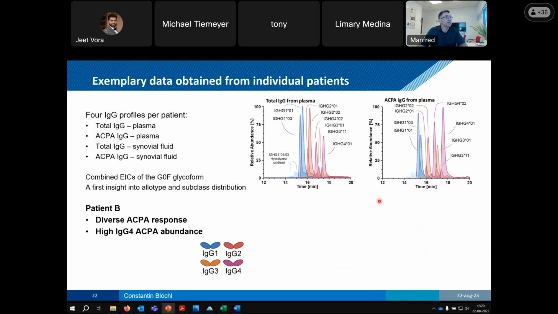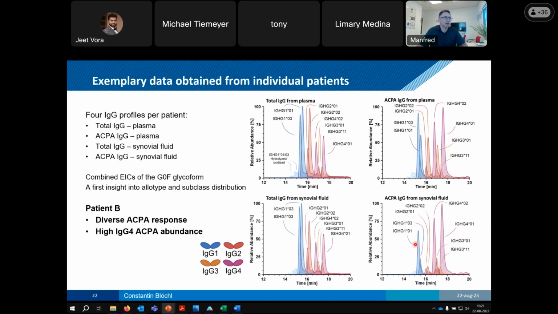We then looked at another patient, and now this patient is heterozygous for all the heavy chains. So it has two heavy chain variants encoded on the two chromosome sets. Here we can look now, in light blue, at the IgG1 allotypes, and we can do so for the bulk IgG, but also for the autoantibodies, and we see a difference in these peak ratios. You see that this O3 version is becoming more dominant for the autoantibody in plasma.